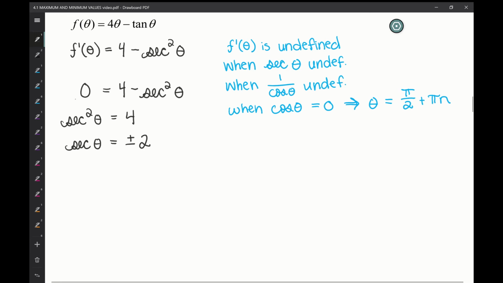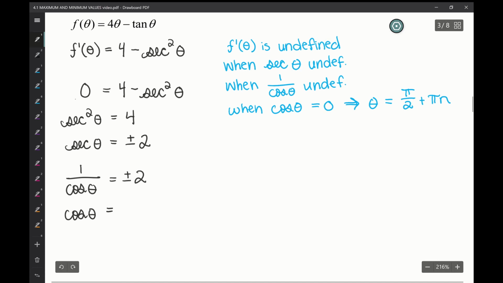If it doesn't jump out at you what the values of theta need to be, you can rewrite this. So we have 1 over cosine theta is equal to that plus or minus 2. Then taking the reciprocal, we have that cosine theta is equal to positive or negative 1/2.